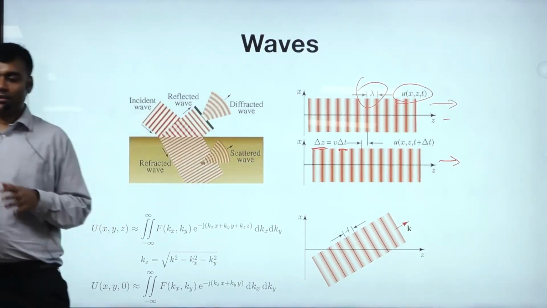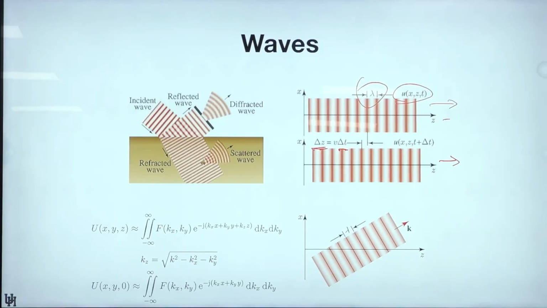So you have a light wave, and the shift in the light wave as it travels results in a phase shift. Similarly, if you have a wave, instead of going along the z direction, the direction of the wave is given by the k vector. It tells you the direction of the plane wave, and it also has a wavelength lambda, and it is traveling in a certain direction, with e to the minus j k dot r.